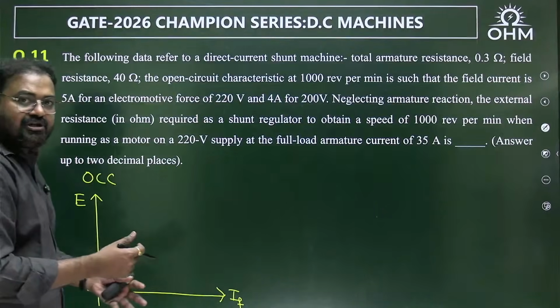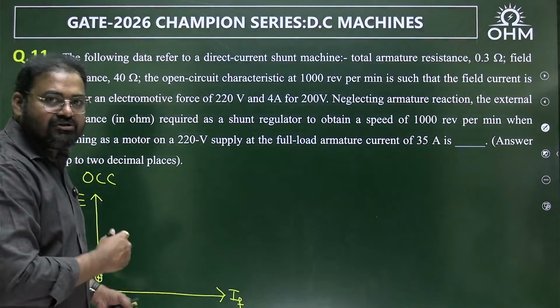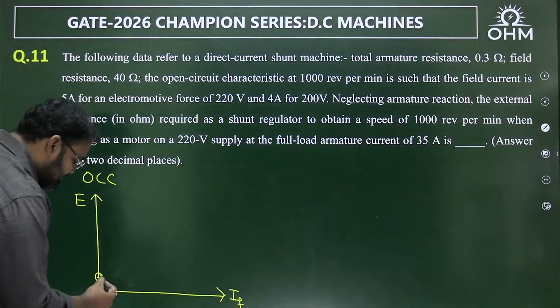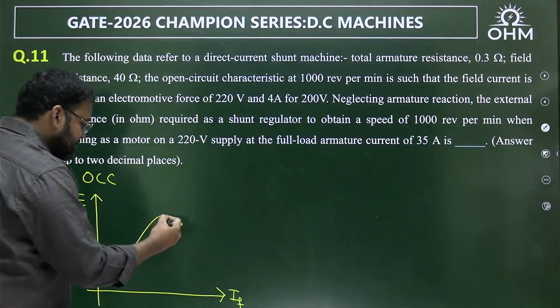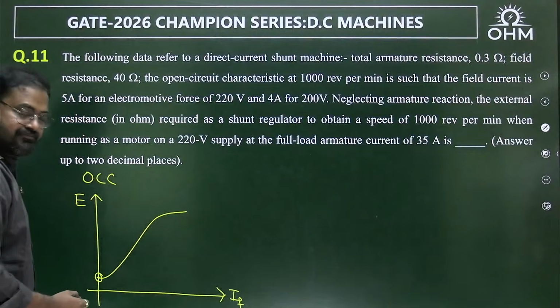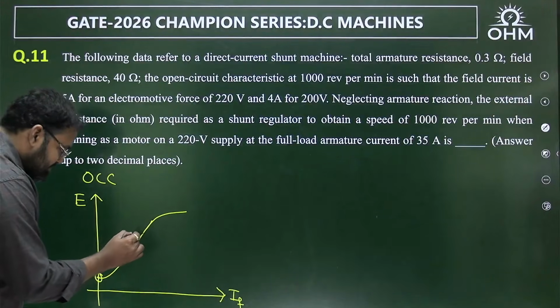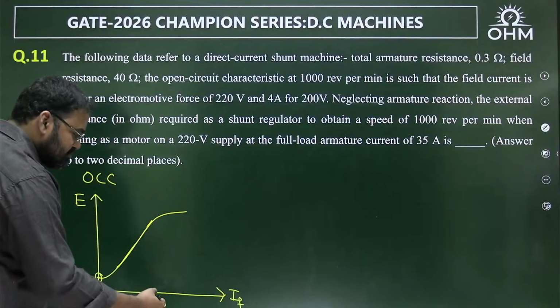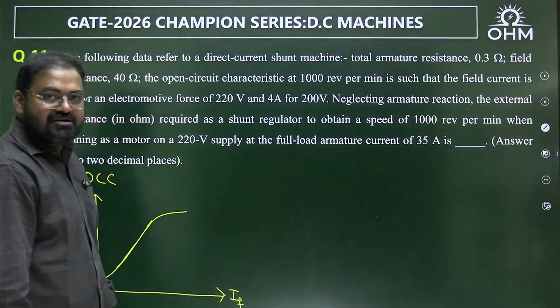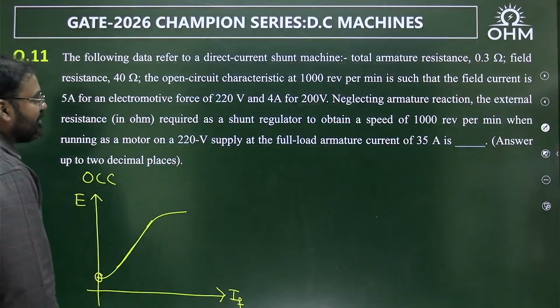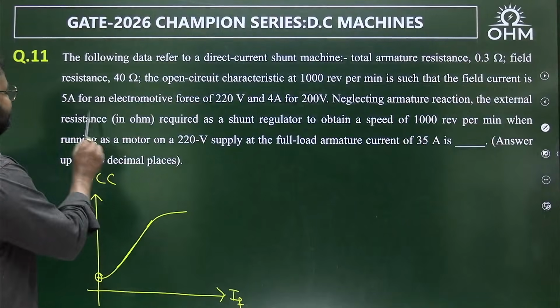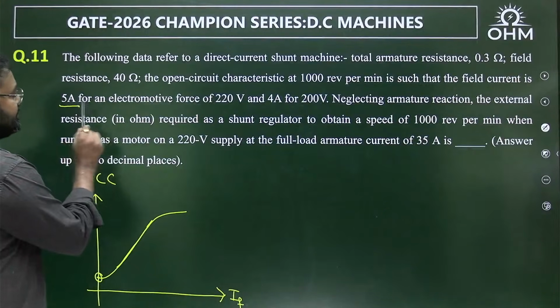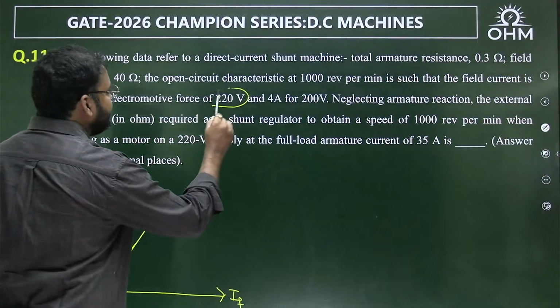Of course, if residual voltage is neglected, then it will start with origin. Otherwise, they will start with residual voltage. And this is how the graph will be. Usually, we will operate the machine in the linear zone only. We won't let the machine to saturate, because in the saturation zone, large amount of field currents are required. So according to the question, when field current is 5 ampere, EMF is equal to 220 volt.